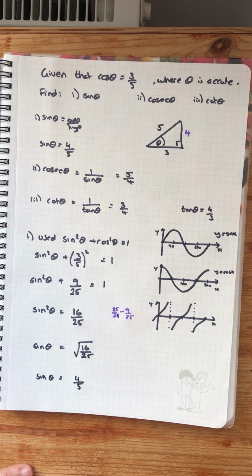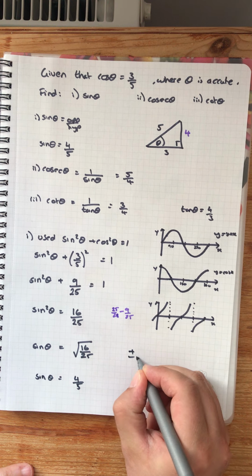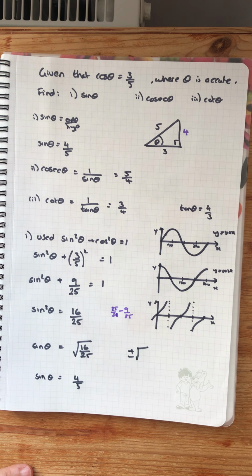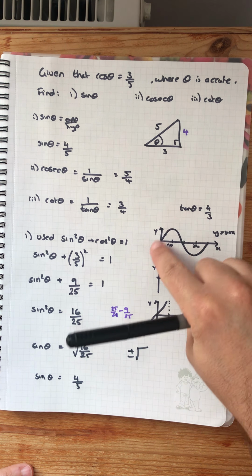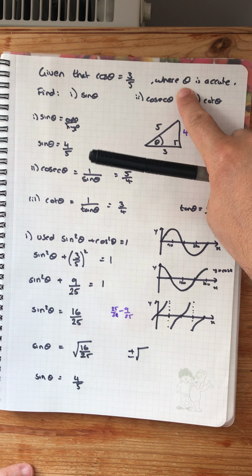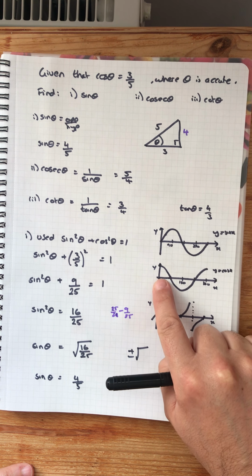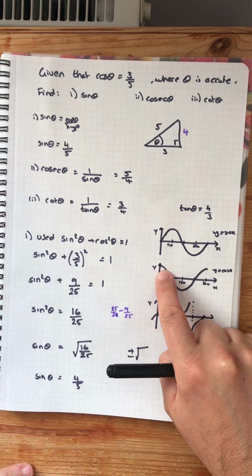But of course, when you do square rooting, is it plus or minus the square root? And that is when we have to think about our graphs here and what type of angle we had. So in this question, it was always an acute angle, which is why cos between 0 and 90 is a positive thing.